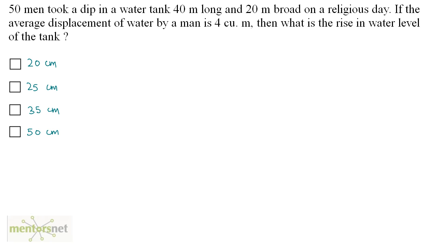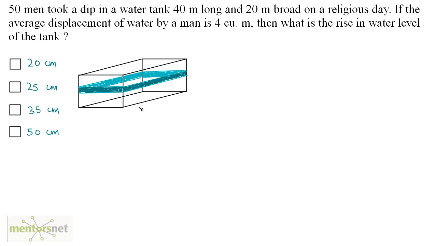50 men took a dip in a water tank 40 meters long and 20 meters broad on a religious day. If the average displacement of water by a man is 4 cubic meters, then what is the rise in water level of the tank? So this is the tank in which 50 men took a dip on this religious day.